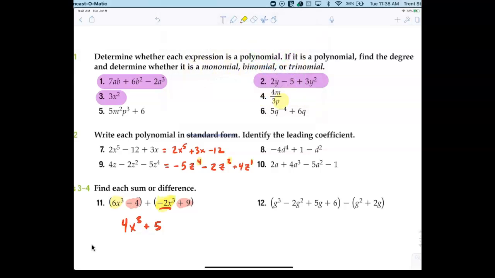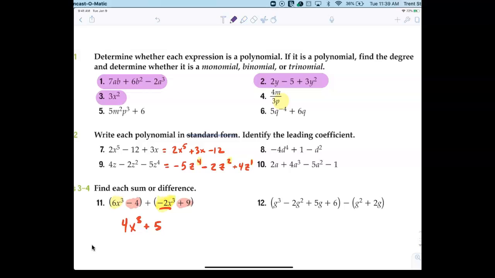Number 4, because there is a variable in the denominator, is not classified as a polynomial. Right? It is not a monomial. It is not a monomial because the denominator has a variable.